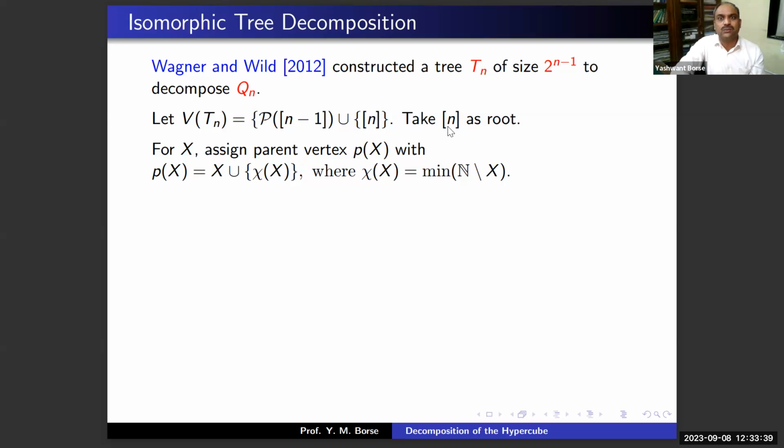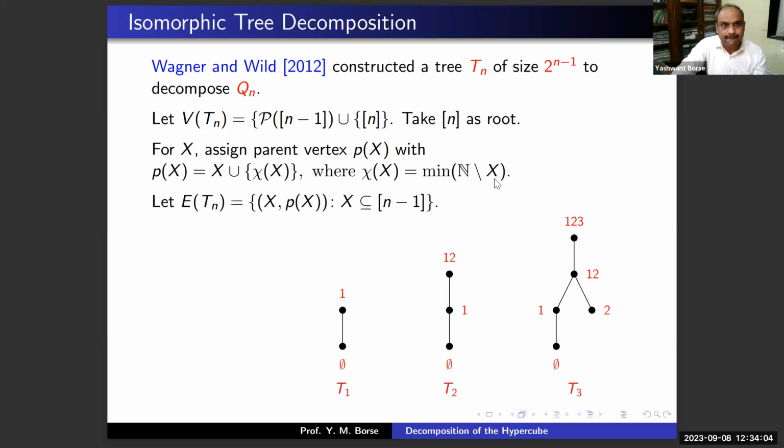So take this as a root, and for x different from this, assign a parent px such that the parent is x union the integer which is the minimum integer not belonging to x. So let us see this construction through an example. And the edge will be there between x and px, where x is a subset of n minus 1.